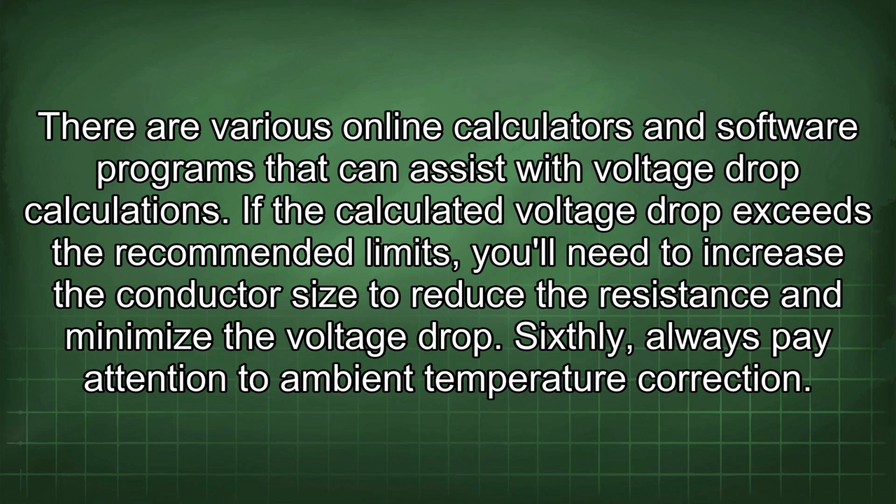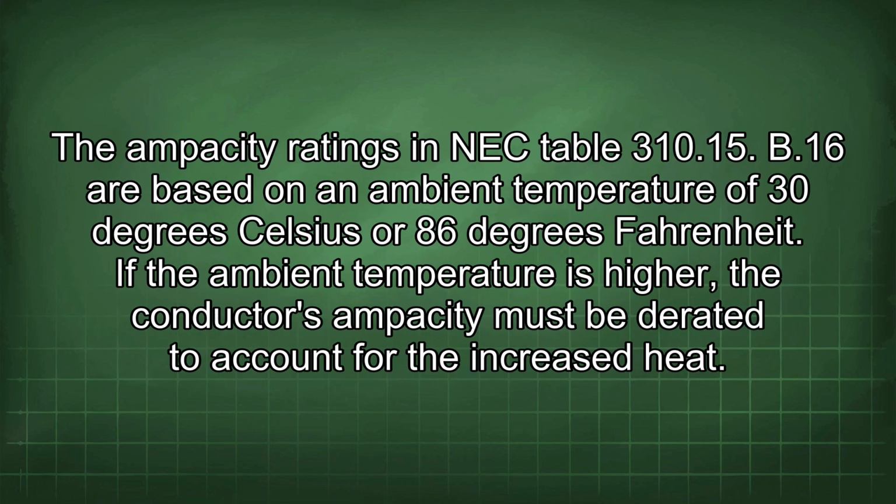Sixthly, always pay attention to ambient temperature correction. The ampacity ratings in NEC Table 310.15(B)(16) are based on an ambient temperature of 30 degrees Celsius or 86 degrees Fahrenheit. If the ambient temperature is higher, the conductor's ampacity must be derated to account for the increased heat.